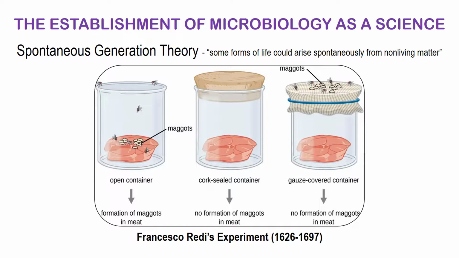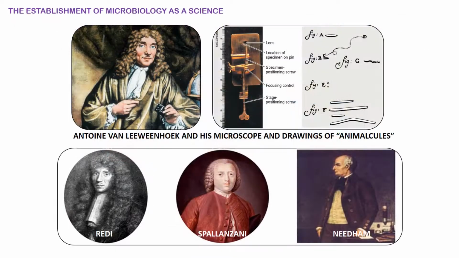But when microbes were discovered, the theory made a persistent comeback. This one is Antoine van Leeuwenhoek. He's a Dutch merchant, a highly skilled lens maker, and maybe a self-proclaimed scientist.